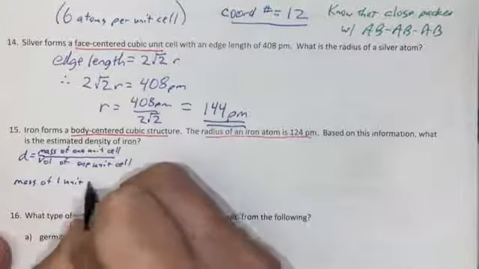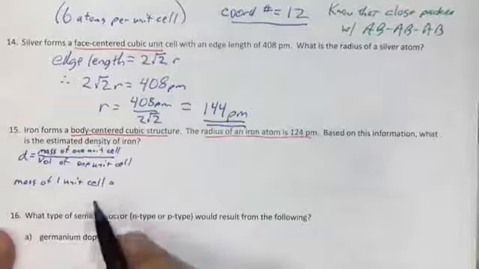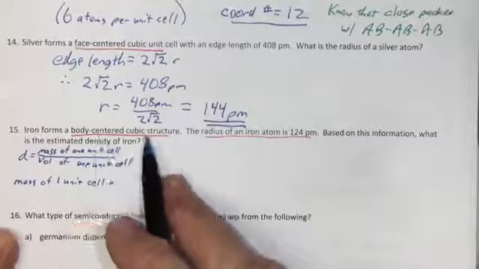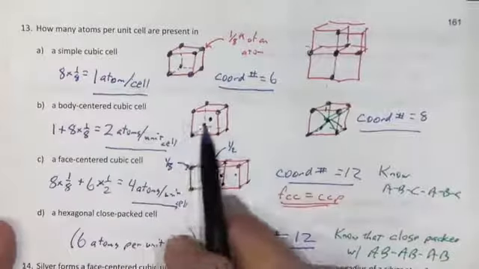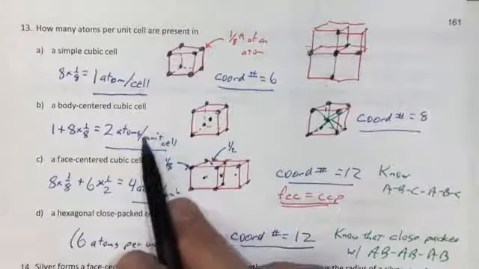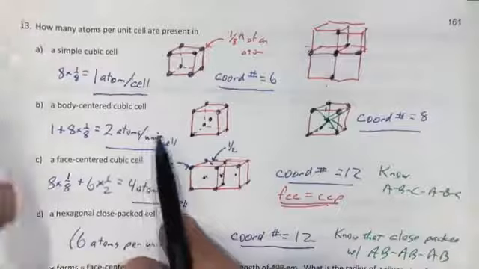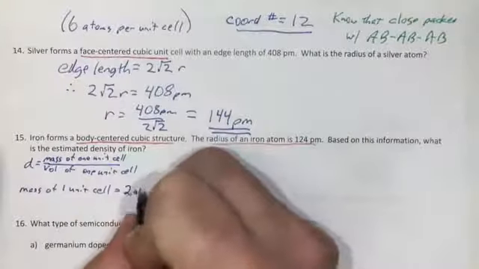Now, what I need to know to get the mass of 1 unit cell is I need to know how many atoms are in 1 unit cell. In a body-centered cubic structure, if you look back up here, here's a body-centered cubic cell. There are 2 atoms per unit cell. So you have to know that there are 2 atoms per unit cell. So I'm going to start with 2 atoms per unit cell.